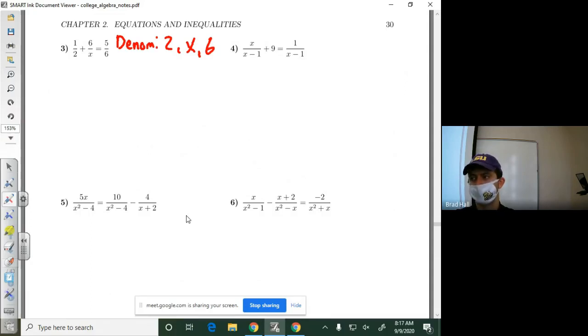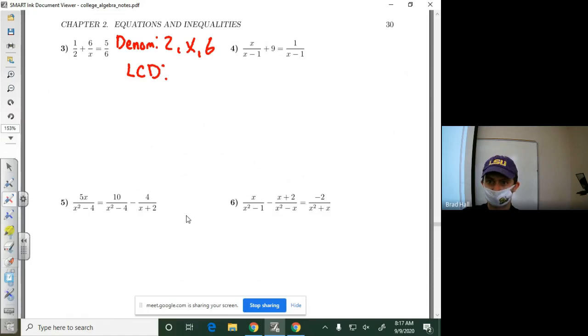And normally, my philosophy here for the least common denominator is to determine the least common denominator part for the numbers and then for the variables. So what would be the least common multiple between 2 and 6?